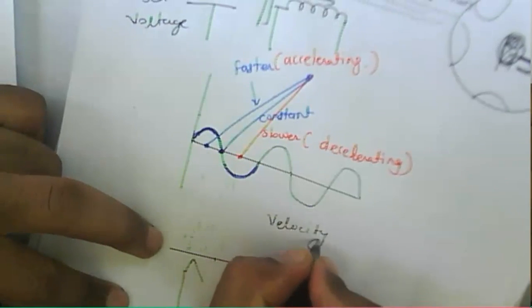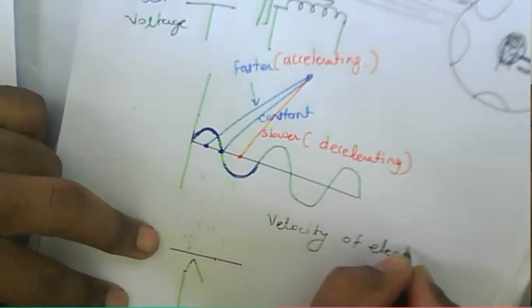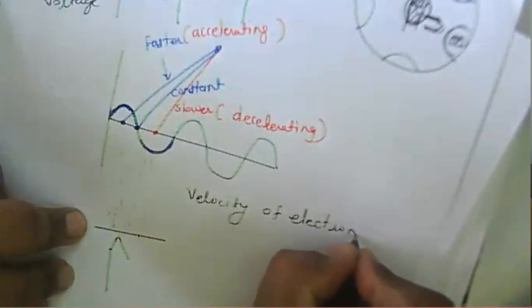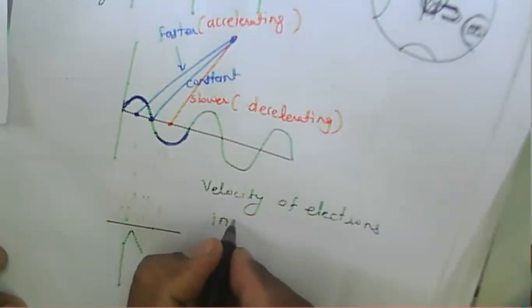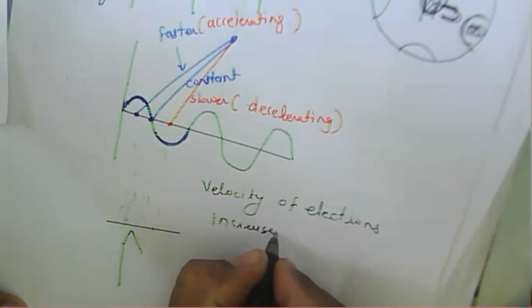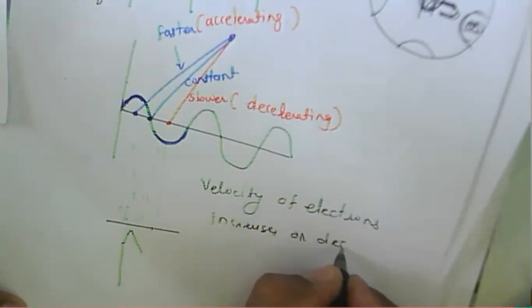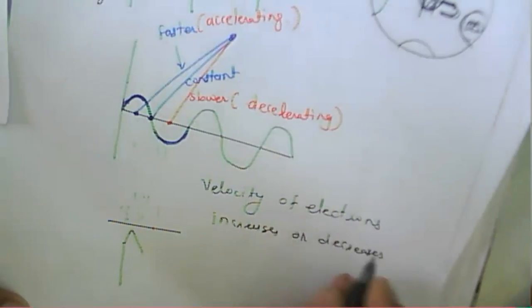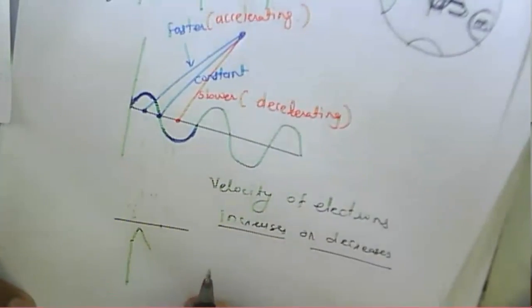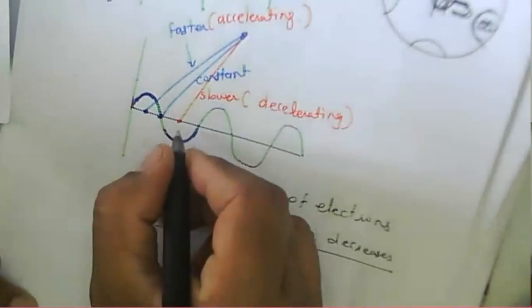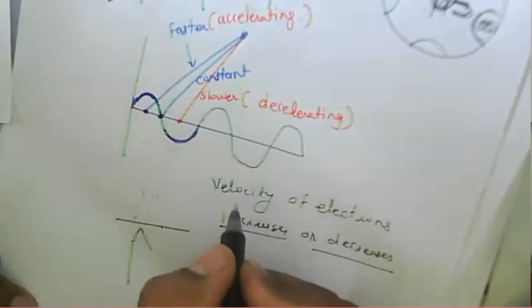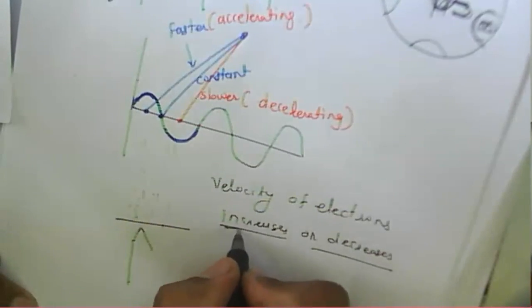Here, the velocity of electrons increases or decreases. Why?